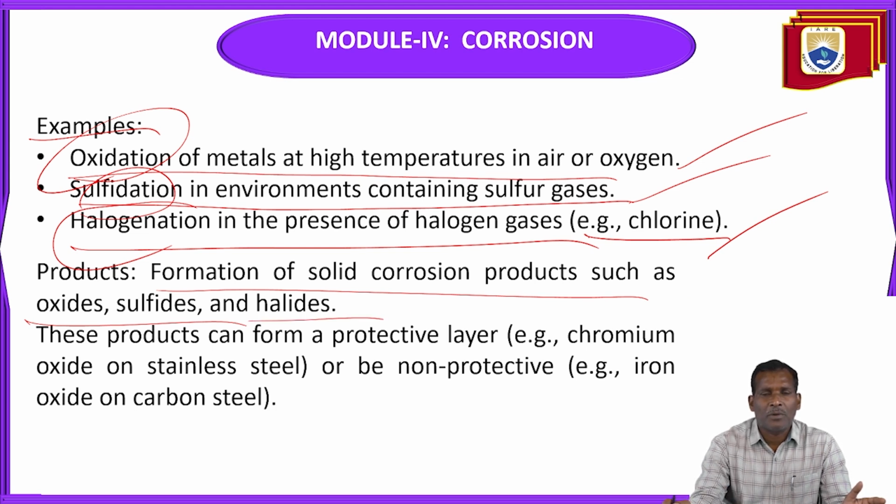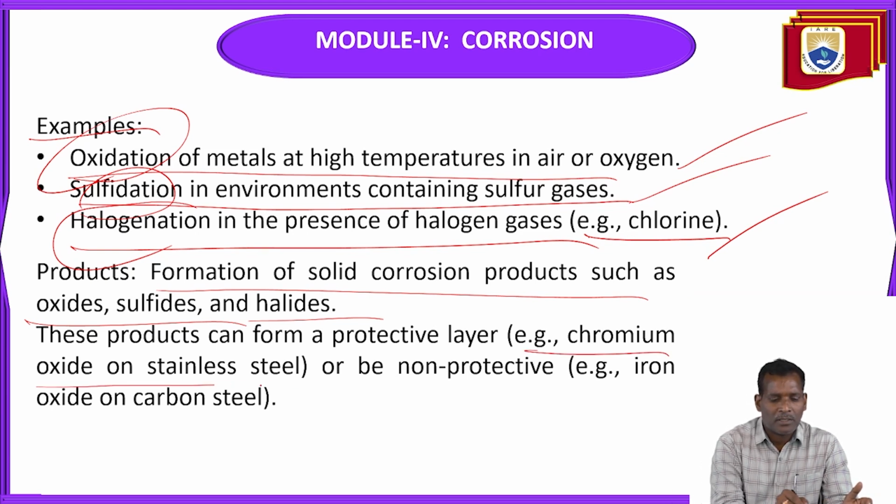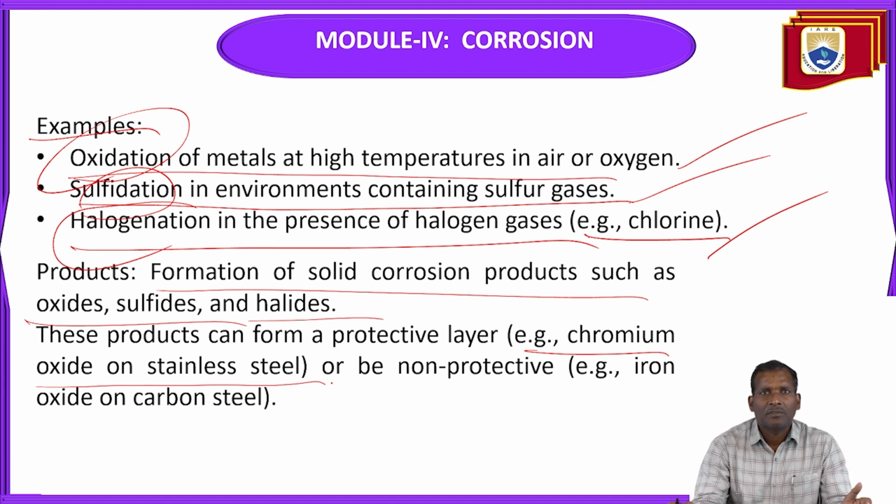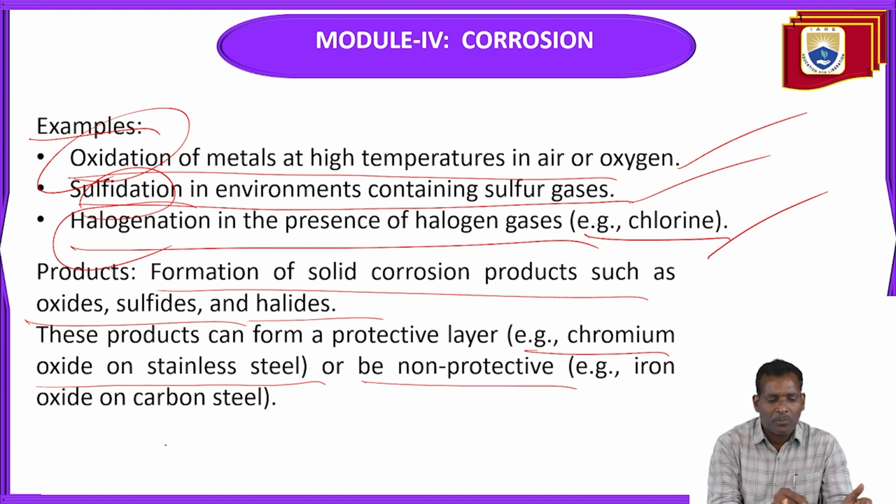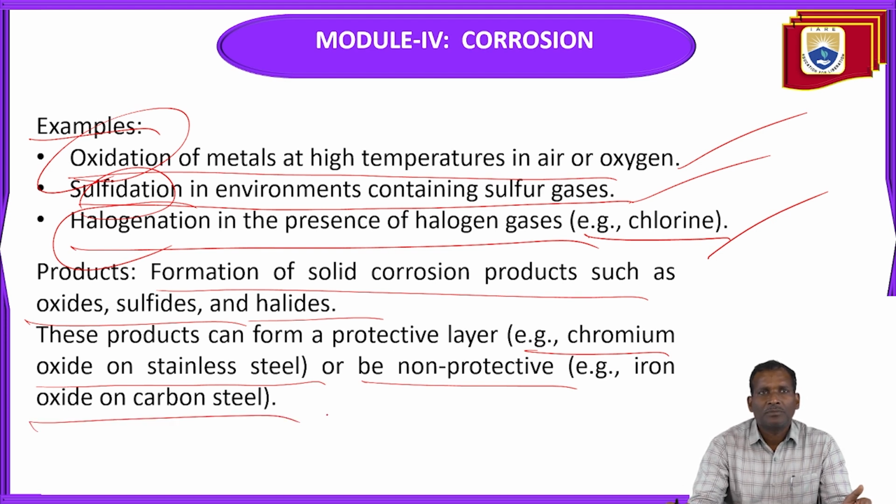These products can form a protective layer, for example chromium oxide on stainless steel, or be non-protective, for example iron oxide on carbon steel.